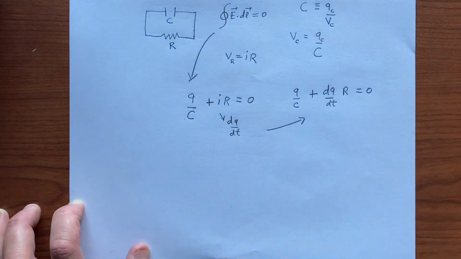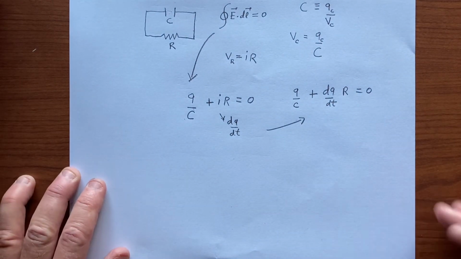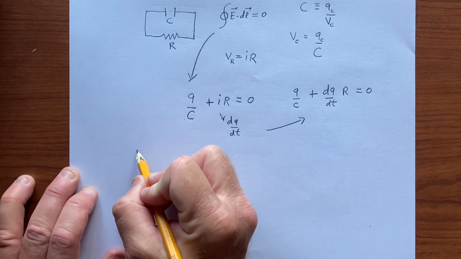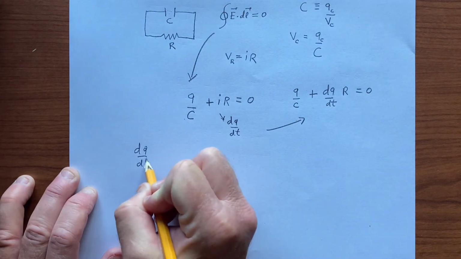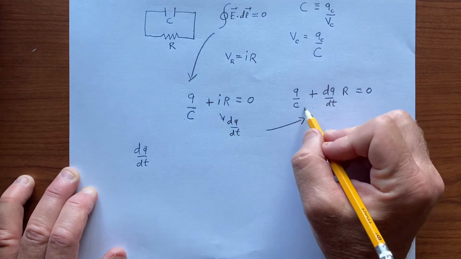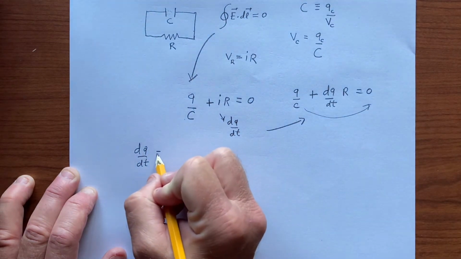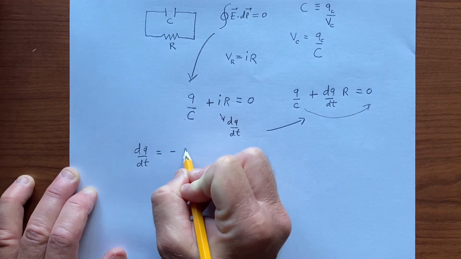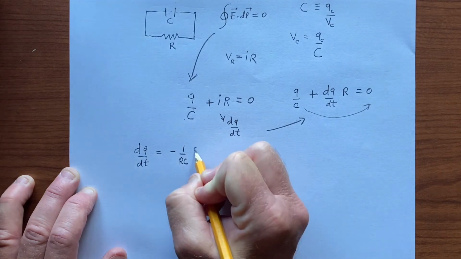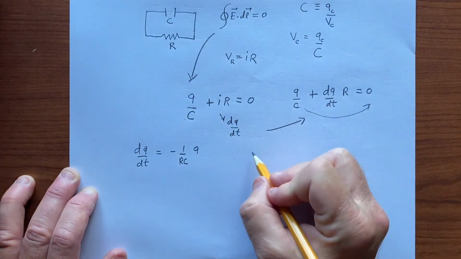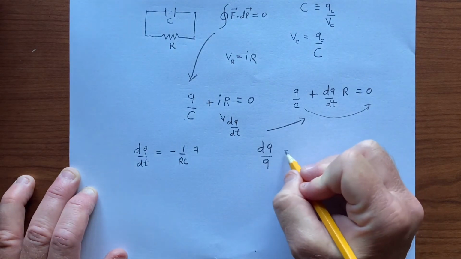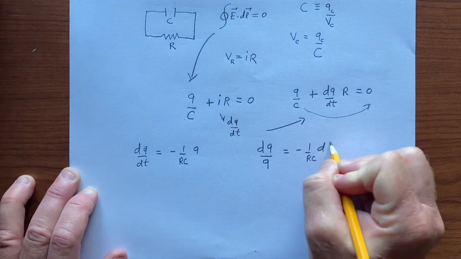And so our equation for the circuit looks like this, and we can solve this by writing dQ over dt times R equals minus Q over C. We'll bring this to the other side, so we get minus Q over C, but we're dividing by R, so we get minus 1 over RC times Q. And we can bring the Q's all to one side and write this as dQ over Q equals minus 1 over RC dt.